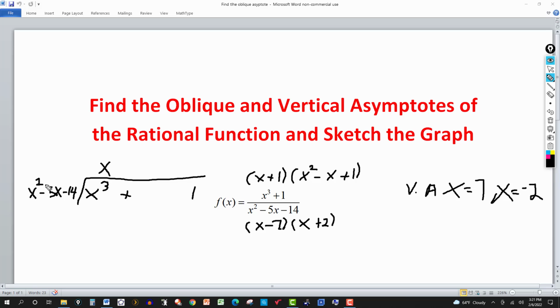And then we multiply the x times the divisor. So this should be an x cubed here. X times x squared is x cubed. Plus the next one, minus 5x times x is a minus 5x squared. This should be a minus 5 x squared. And minus 14 times x, so minus 14x.